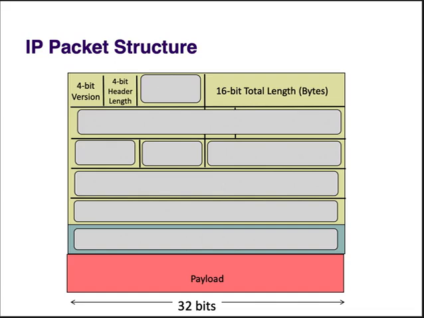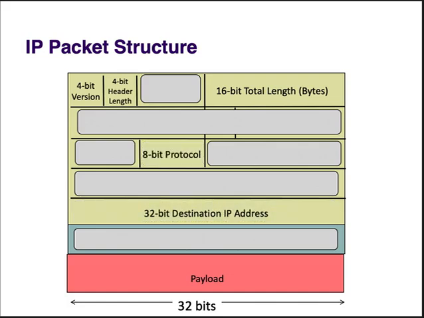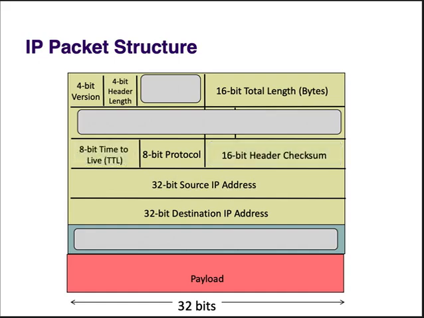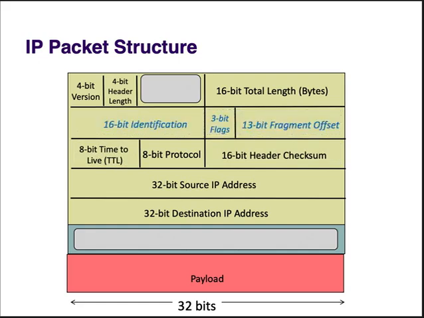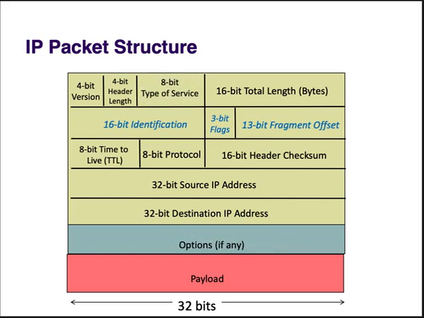The header length is counted in multiples of 32 bits, so in multiples of 4 bytes. We have the destination IP address, we have the protocol field, which tells us whether it's TCP or UDP or something else. We have the source IP address. We have the TTL and the checksum, which is 16 bits. And then we have a bunch of fragmentation bits that you'll design in section. And lastly, we have the type of service and some options.